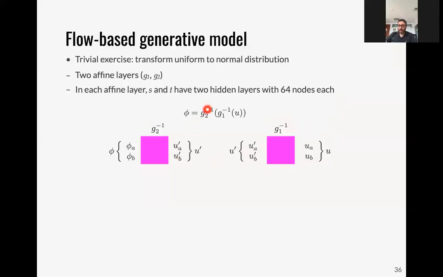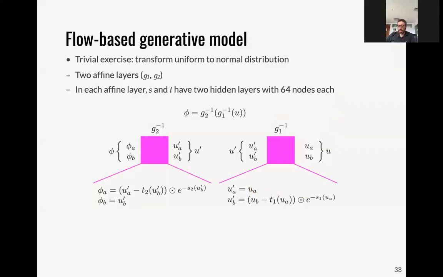I feed that into G2 inverse, which gives me the resulting phi. One of these G inverse functions leaves the top part unchanged, while the other one leaves the bottom one unchanged. So by the end, I've touched all the elements of the vector.